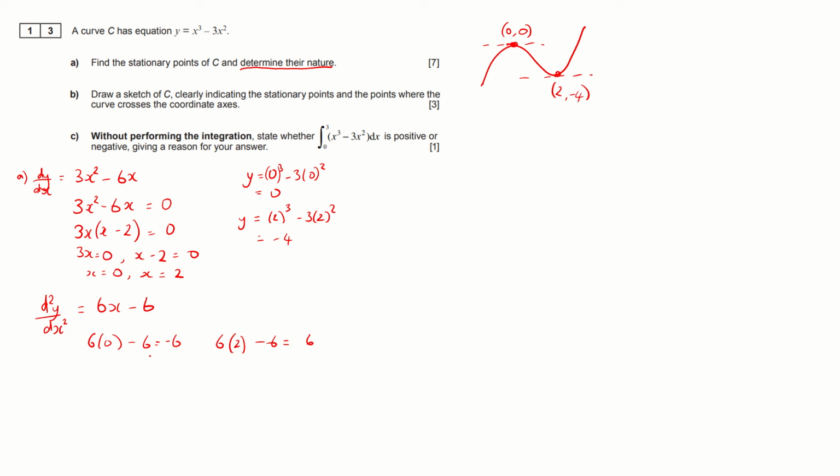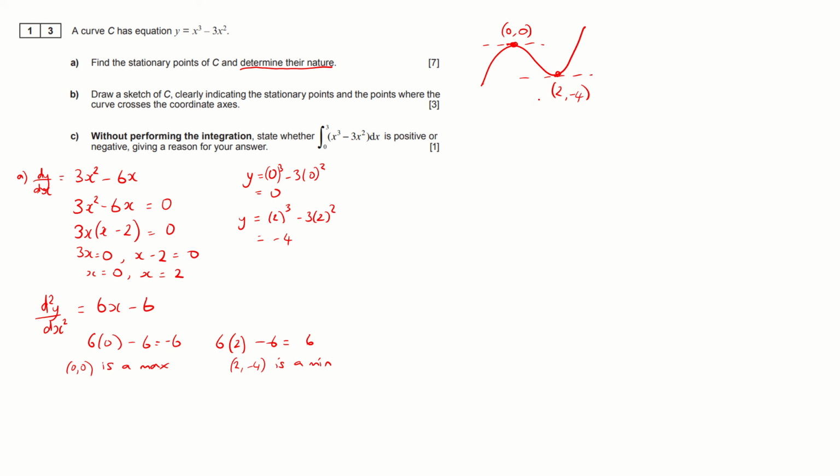Negative means it's a maximum. So that means that the coordinate 0, 0 is a maximum. And 12 minus 6 is positive. So that means that the other one, 2, minus 4, is a minimum, which means my graph makes sense.